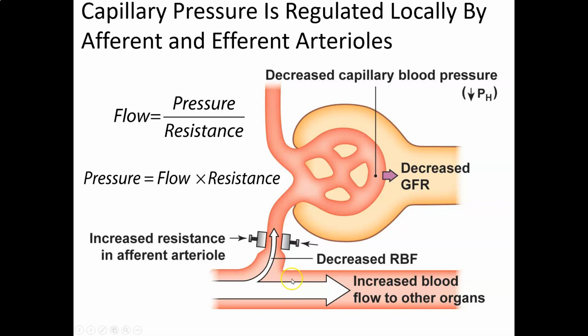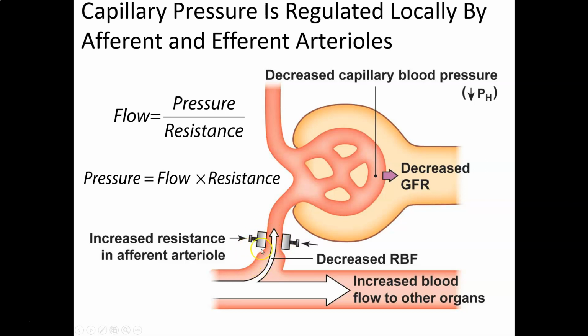So if we were to increase the resistance of the afferent arteriole, constrict it, that would decrease the amount of blood flow going to the glomerulus. Right? Now, you've only got 5 liters of blood in your body, give or take. That's an average blood volume. And let's say, to make math easy, 1 liter was going to the kidney.